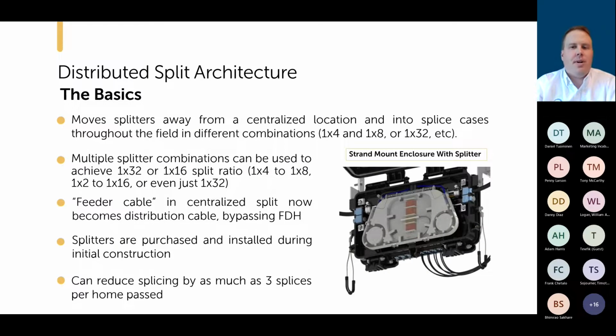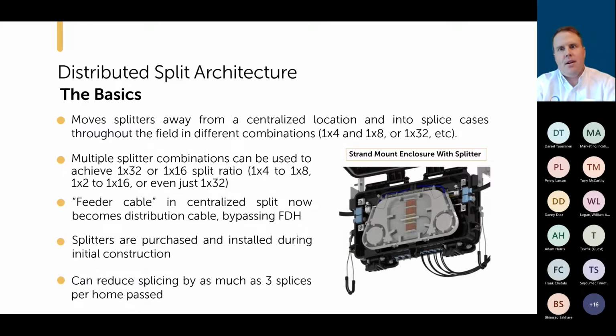Now, what a lot of people, especially in rural deployments, have been doing is moving away from that centralized split design and going to what we call a distributed split architecture. So instead of having a central cabinet that's going to house all of our splitters, we're going to move the splitters away from that centralized cabinet and drop them along the path of our fiber to the home network.